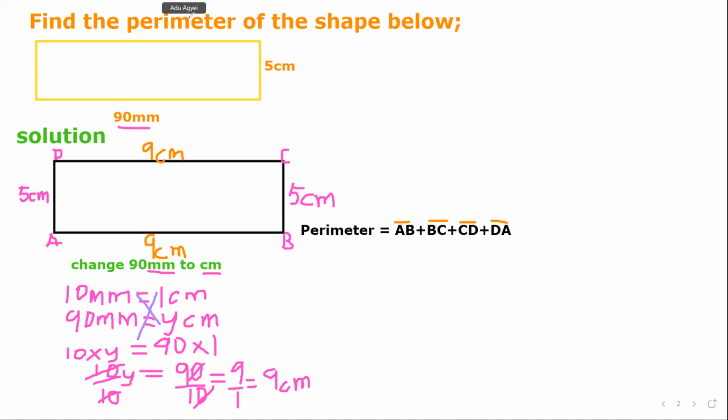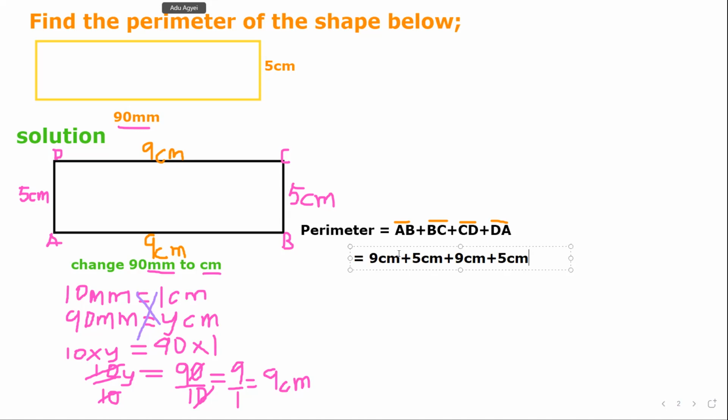Okay, and therefore line AB is what? 9 centimeters plus 5 centimeters plus 9 centimeters plus 5 centimeters. Okay, good.